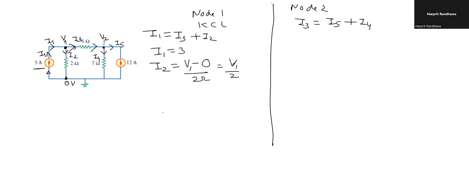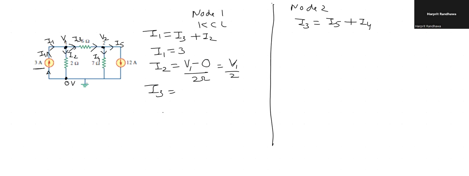Now for I3, I3 is the current flowing through the 6 ohm resistor. I3 will be the voltage drop across the 6 ohm resistor. You need to consider both ends of the resistor, and notice the direction of current flow.